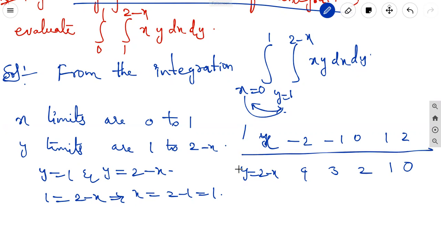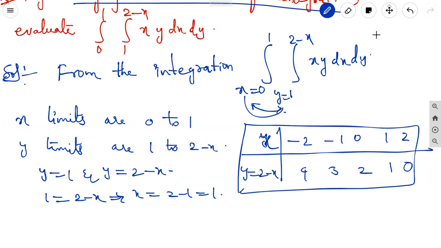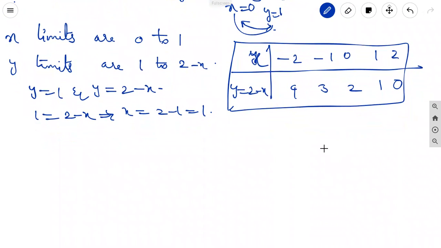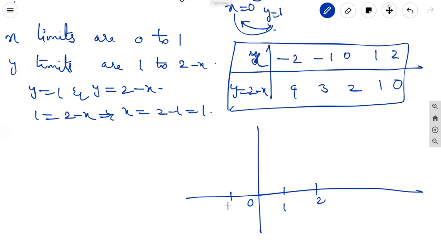Here, from the given values, we can draw the limits and then change the order of the limits of the variables. First, we draw it. x is equal to 0, 1, 2, minus 1, minus 2, and y is equal to 1, 2, 3, 4.